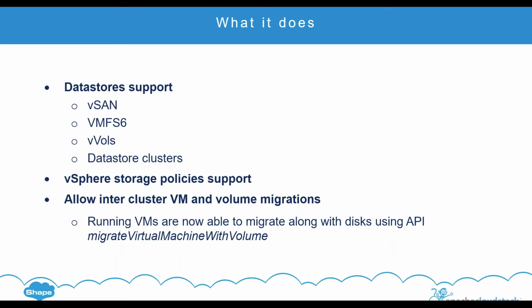A lot of those other datastore types assume that you've got storage policies in place already. It's giving us another feature, which is being able to do inter-cluster VM and volume migrations when they're live. That's quite a benefit, and you don't need shared storage to do it. So if your storage is cluster scoped, you're not stuck. You can still live or cold migrate them across.